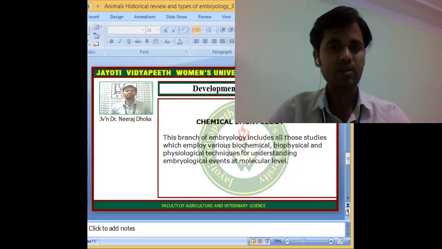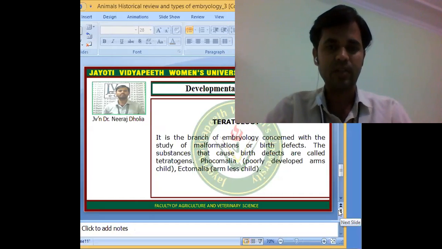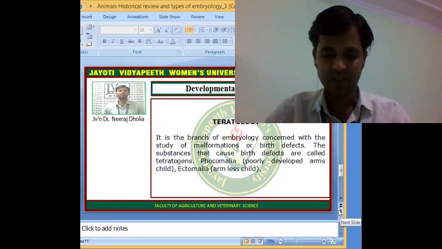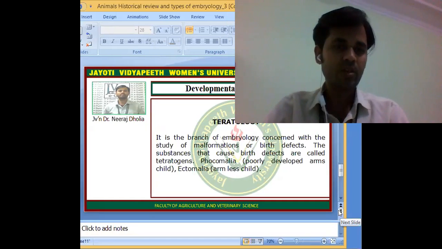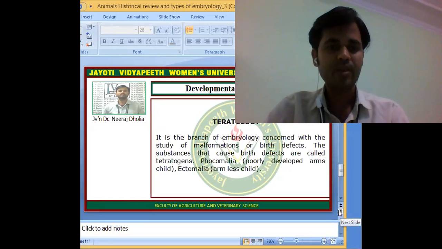So next is teratology. Teratology is generally defined as the study of embryological defects. It is a branch of embryology concerned with the study of malformations or birth defects.